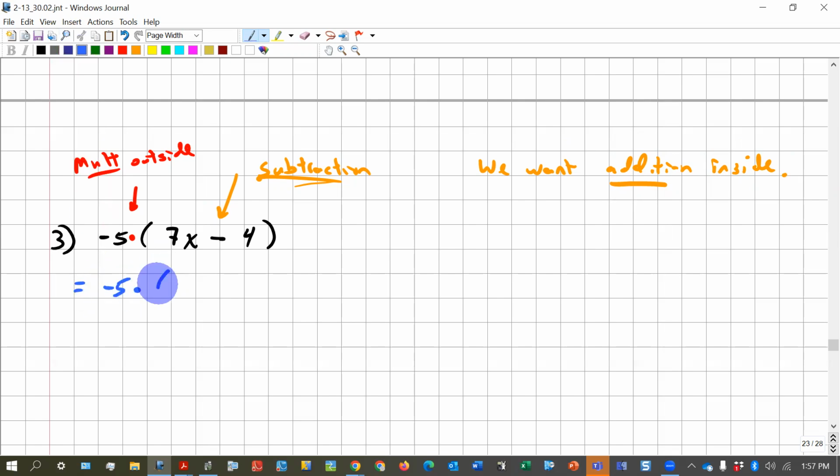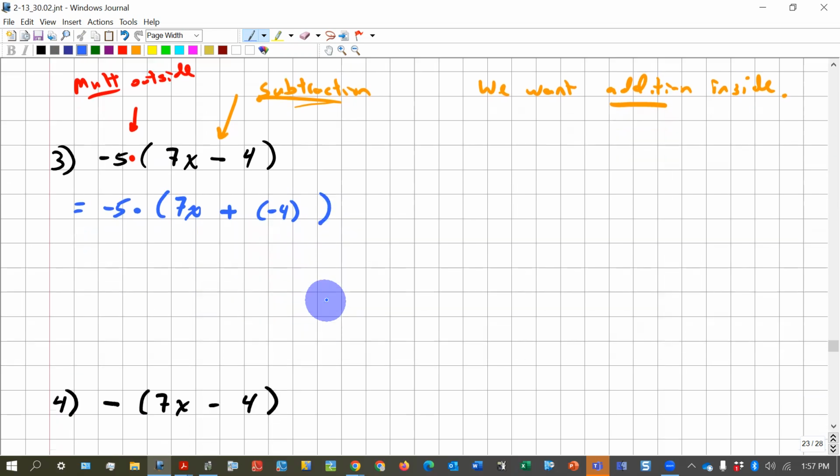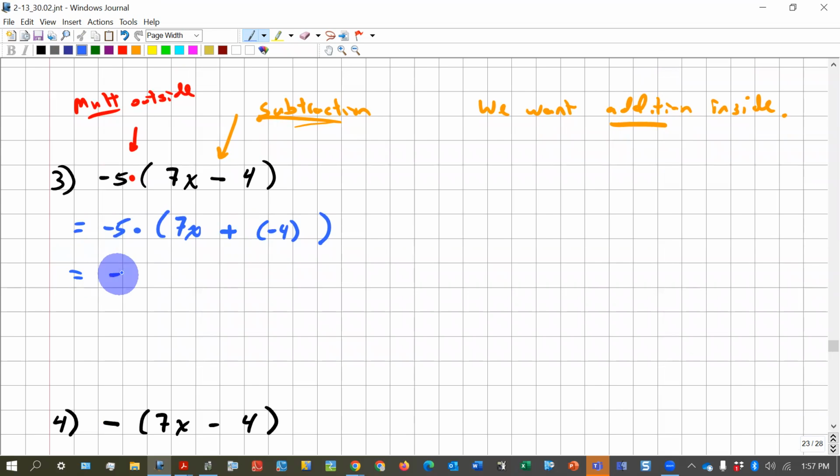So -5 times 7x plus -4. Now that we have addition inside, now we can distribute the -5. So we have a -5 times a positive 7x, that's a negative 35x plus, but we have a -5 times a -4, that's a positive 20.